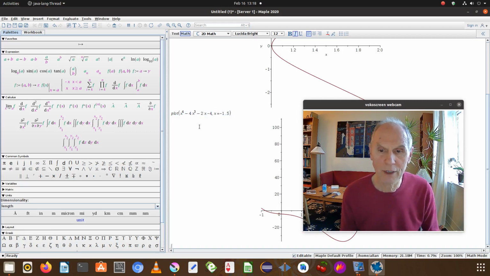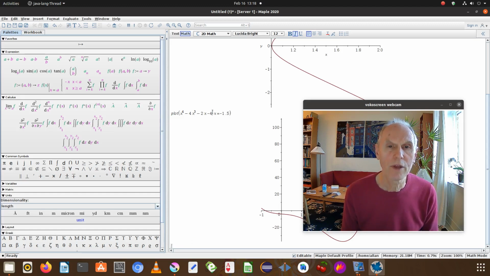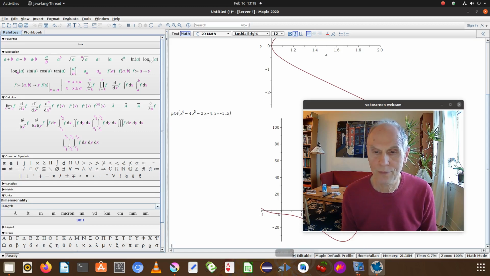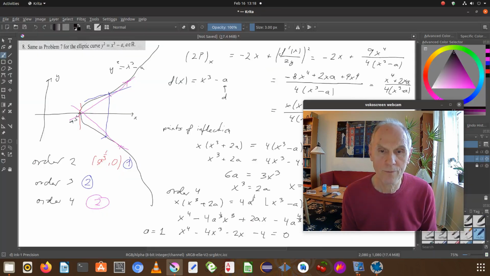There we have it. And so the value at 0 equals -4. There we have it. So there's a positive root and a negative root.